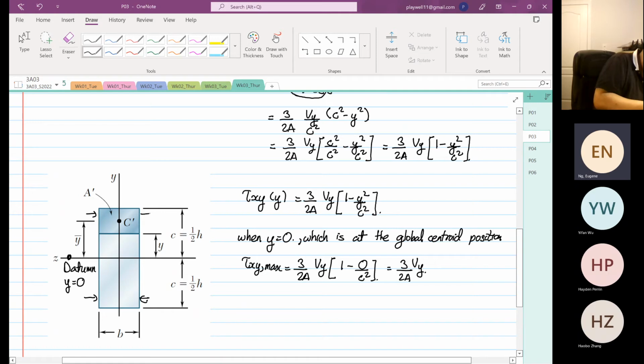entire thickness is constant, you can see the thickness is constant. Okay, the entire thickness is constant.